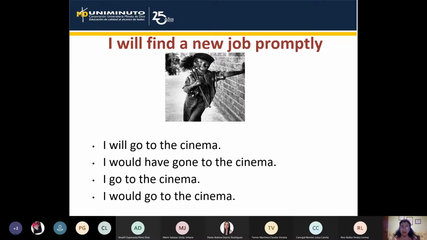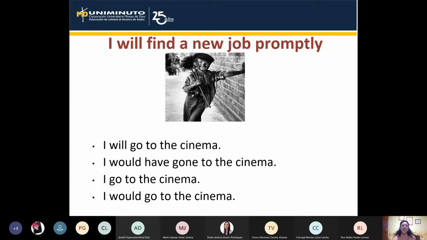Here you have future tense, ¿cierto? Ahí tenemos el futuro. Yo encontraré un nuevo trabajo prontamente. I will find a new job promptly. And what do you think is the if conditional? What can be the second part to complete the sentence?